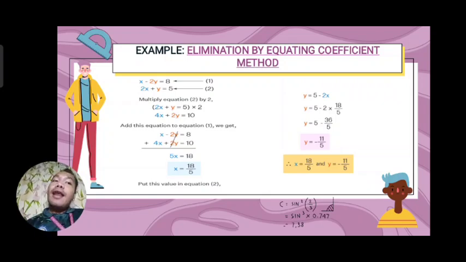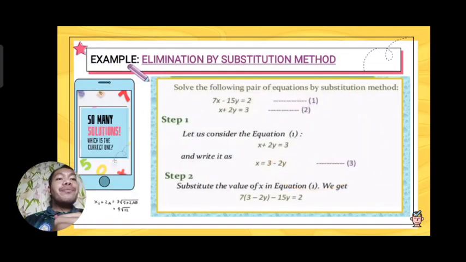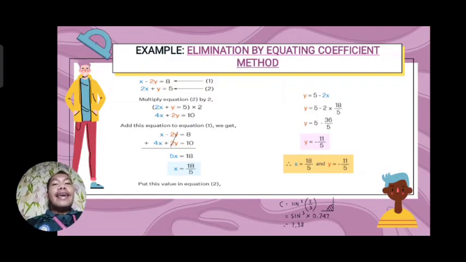What remains is y is equal to negative 11 over 5. And now we can conclude that the value of our x is 18 over 5, and the value of our y is equal to negative 11 over 5.